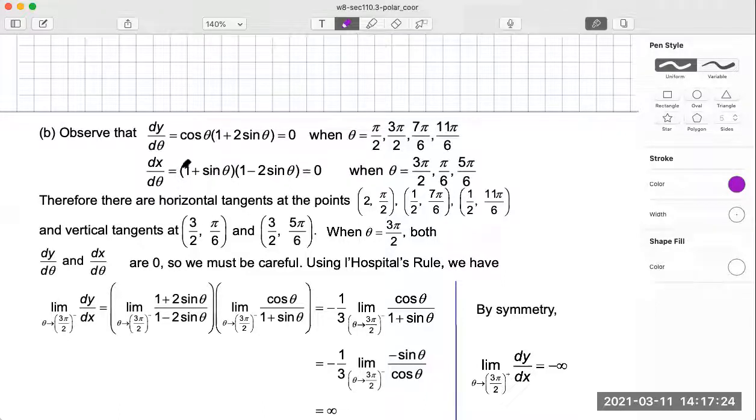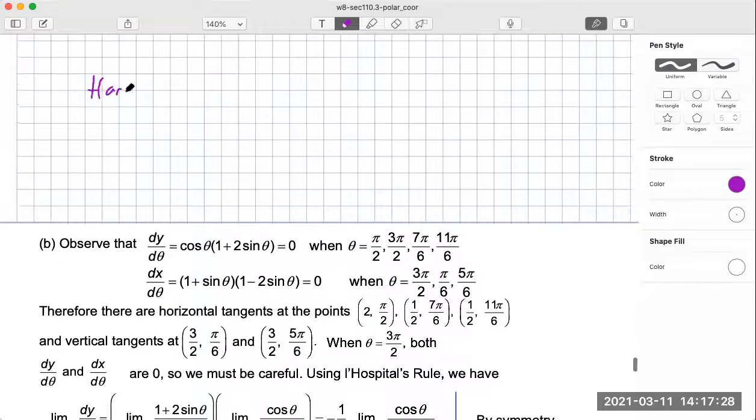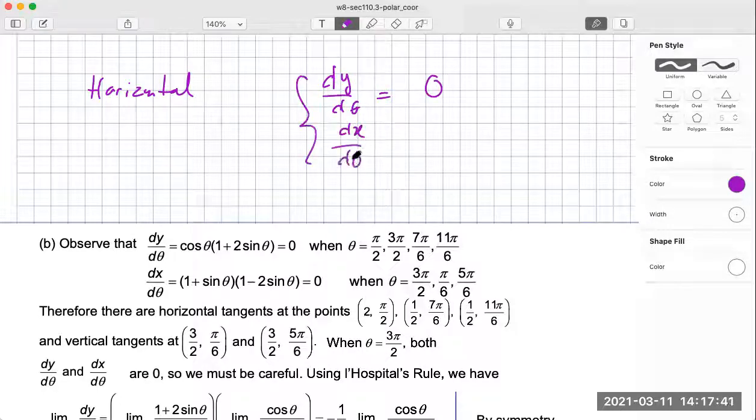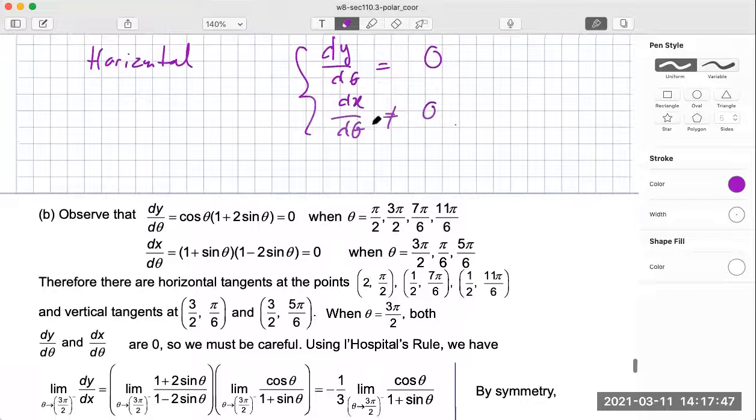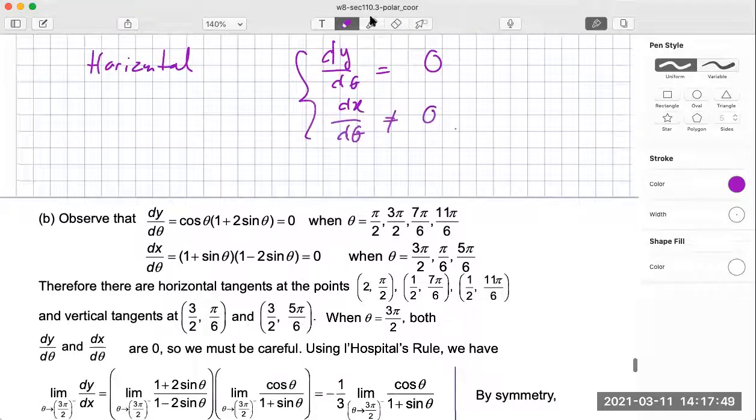If it is horizontal, we need to check dy over d theta is equal to 0, and dx over d theta should not be 0, right? Dy over d theta is given by this formula, okay?